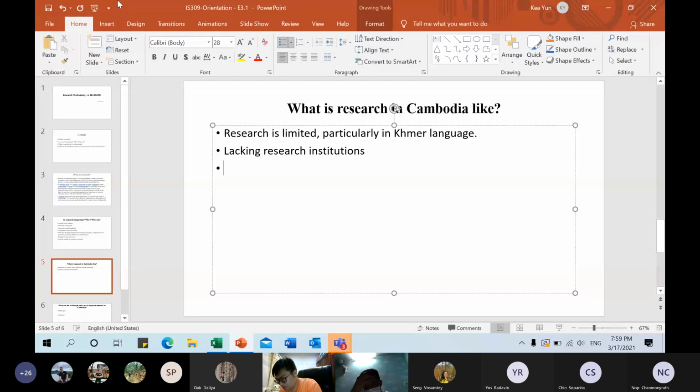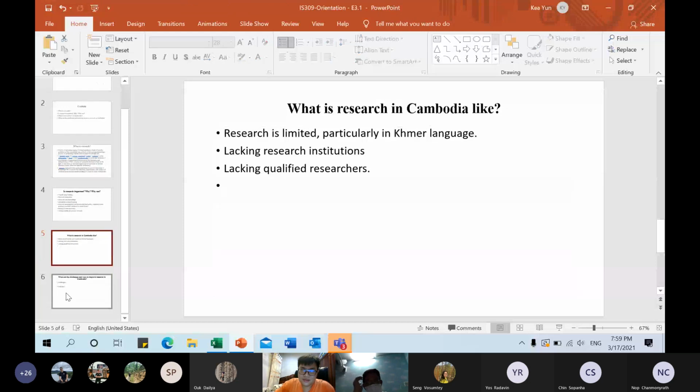Can it be a lack of qualified researchers? Okay, lacking qualified researchers. So this is similar to what you are discussing about the challenges, right? Yeah. In the next slide, we're talking about the challenges as well. But it's okay. It can be part of it. But for this one, we want you to look at the overall picture of research in Cambodia.